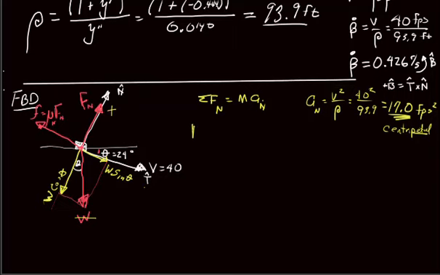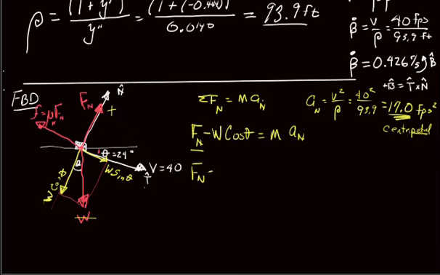So our equation becomes Fn minus W cosine of theta is m a n. And from here we can get Fn.